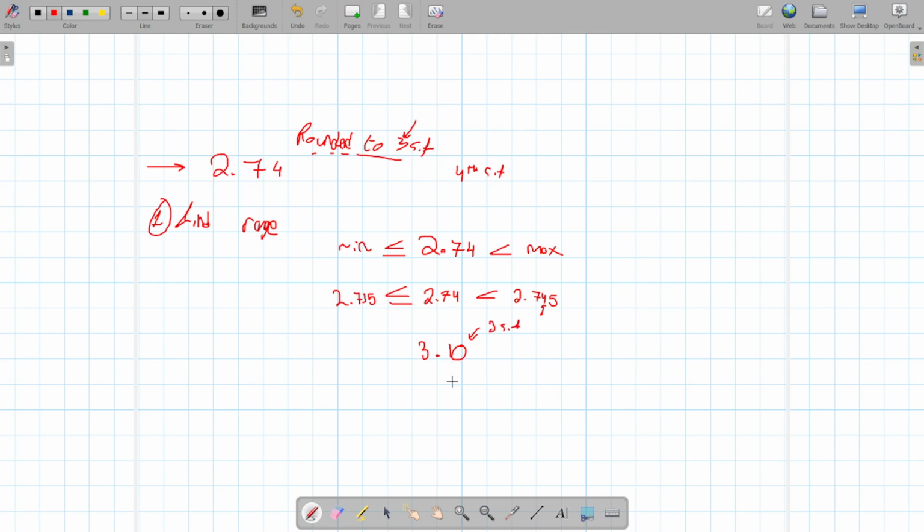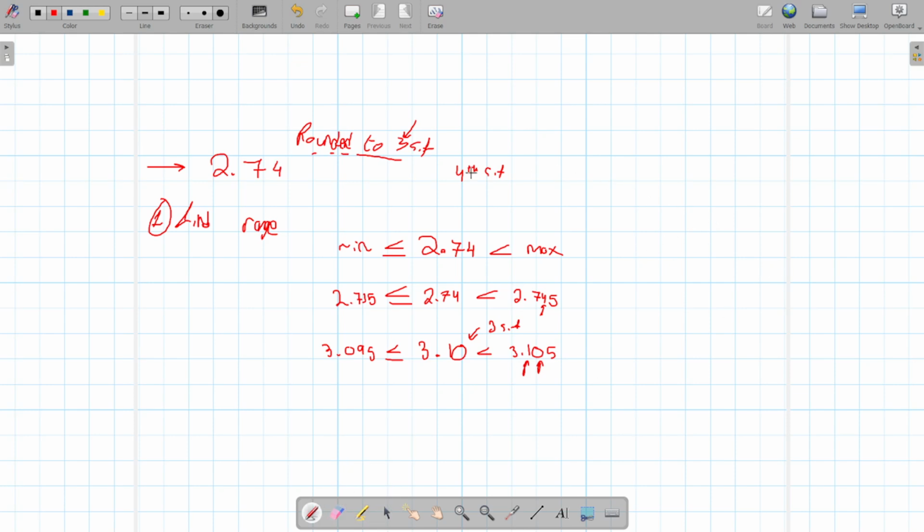What is the range going to be? The first thing, your fourth significant figure will be a 5. Then for the minimum, you just take away 1. But you can't take away 1 from 0, so you have to take from the one beside it. That will be 3.095. That's how you do it.